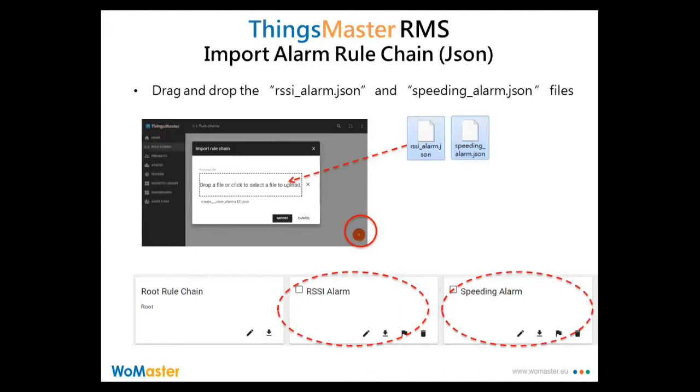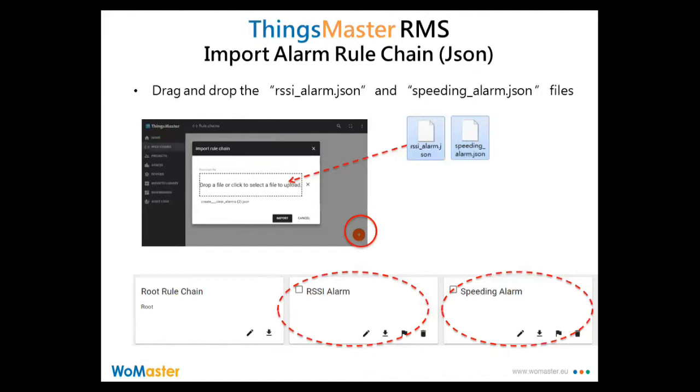Here we have actually made two alarm rules. One is RSSI, the wireless signal strength, and the other one is the speeding alarm. You just need to click the red plus icon and select import rule chain. Then drag and drop these two files into the rule chain board.